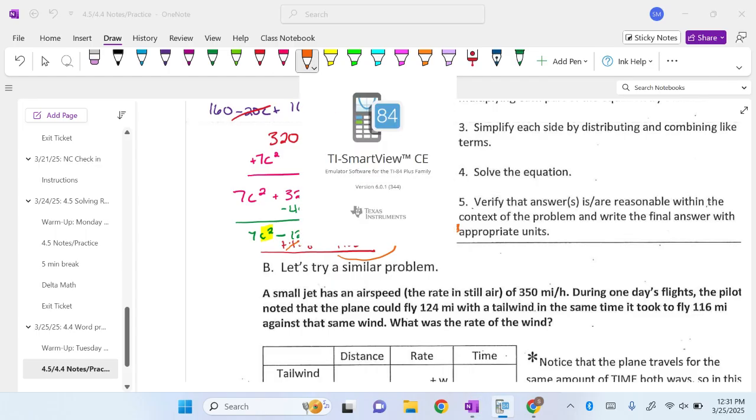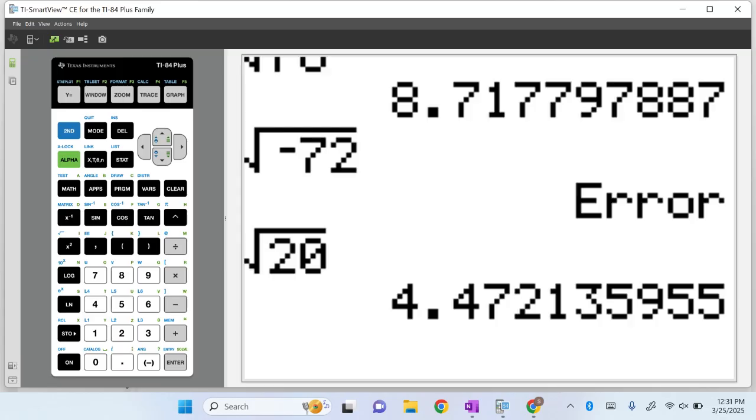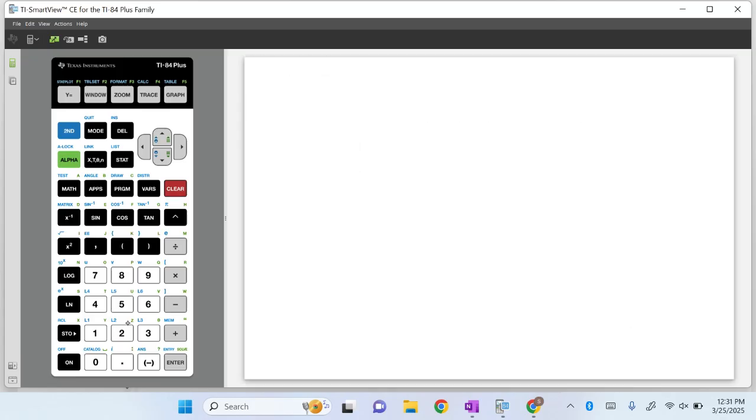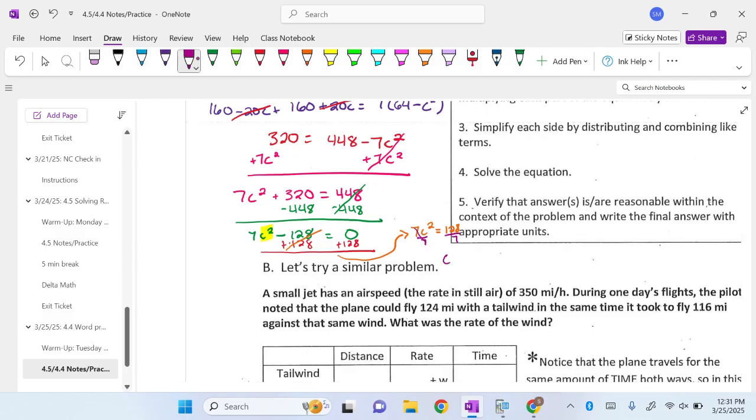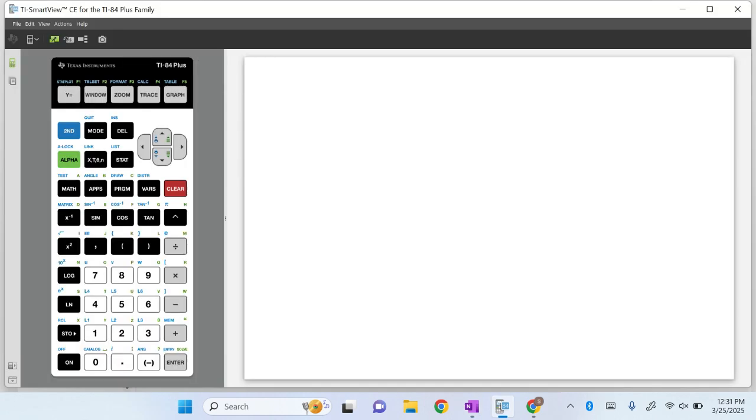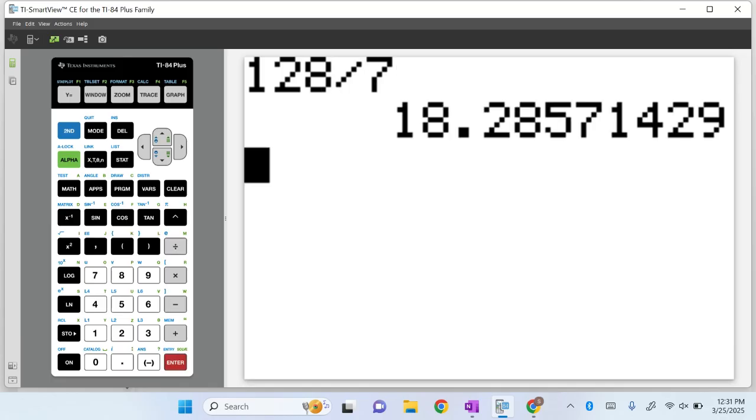Now, we're then going to divide both sides by 7 because we want the c squared by itself. So c squared is equal to 128 over 7, and leave it like that. Because, yeah, you get a weird answer.